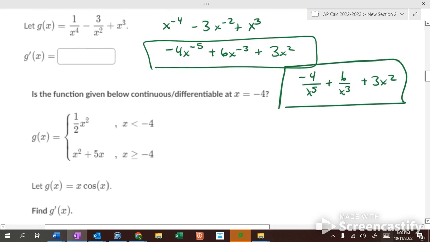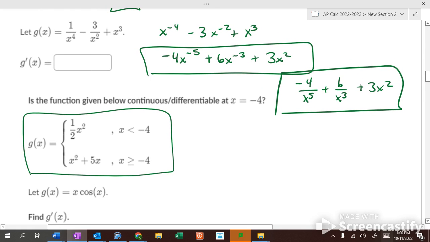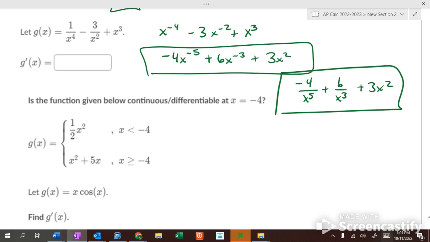Is this function both continuous and differentiable at negative 4? How do you check? Plug negative 4 into both. So if you plug negative 4 into here, negative 4 squared is 16, half of 16 is 8. Plug negative 4 into here, you get 16 plus negative 20, which is negative 4.